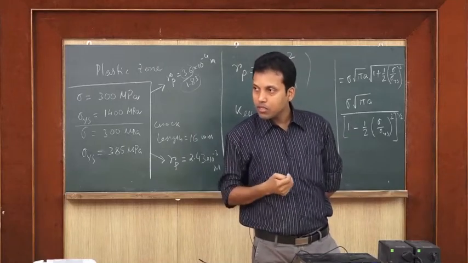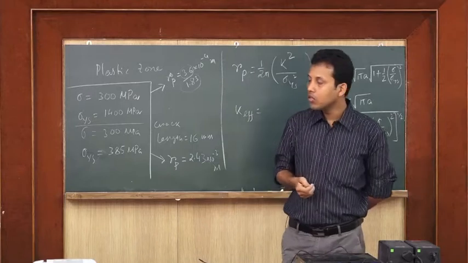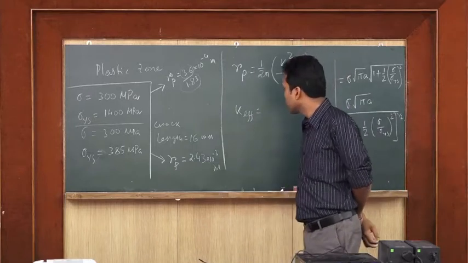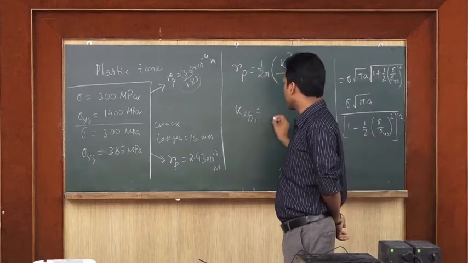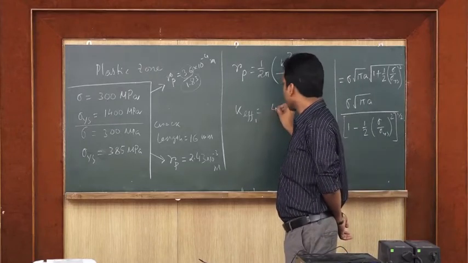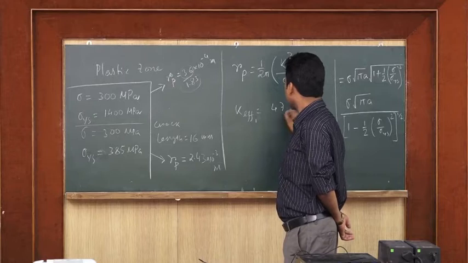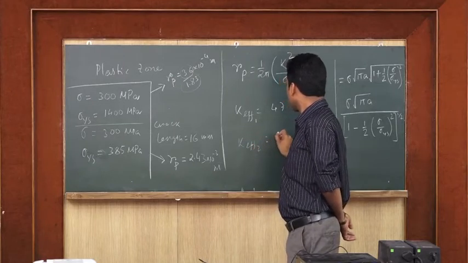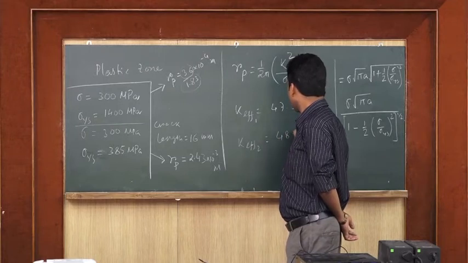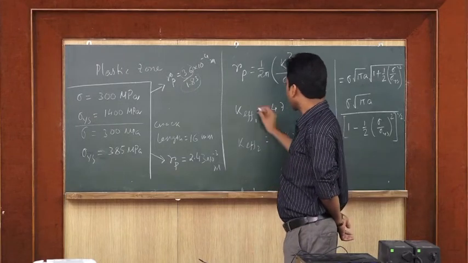So, what is K effective? Did you calculate? Okay, the first case I am writing, it is 47.56. Second case, it is 48.1. And what is K only?